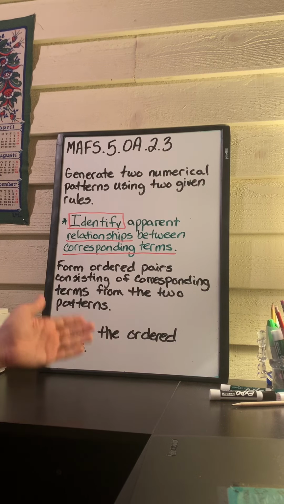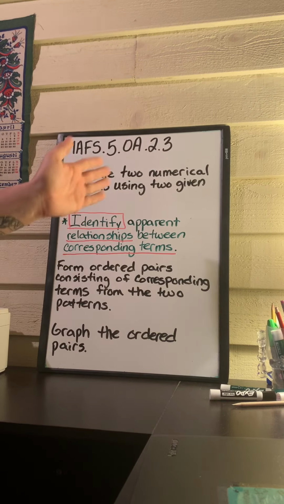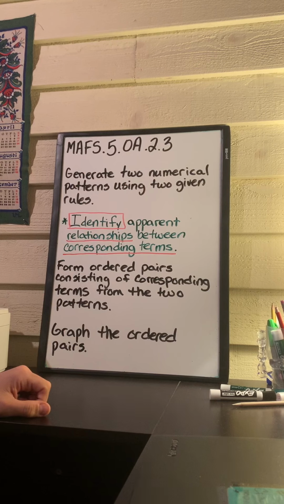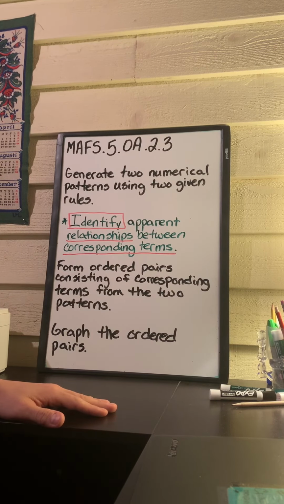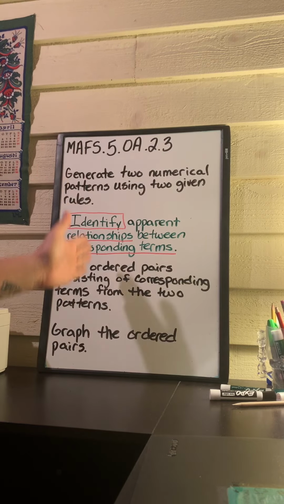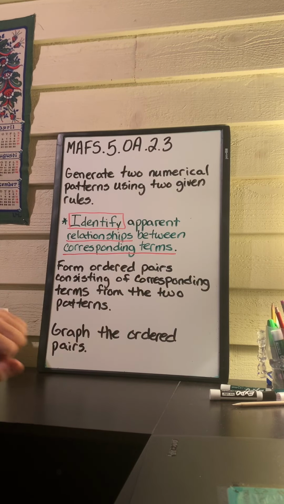That could be, I got from pattern A to pattern B by multiplying by 5. It could be a subtraction, addition, or a division problem, how you get from one pattern to another. So our focus today is going to be able to identify these relationships mathematically between those two corresponding terms.